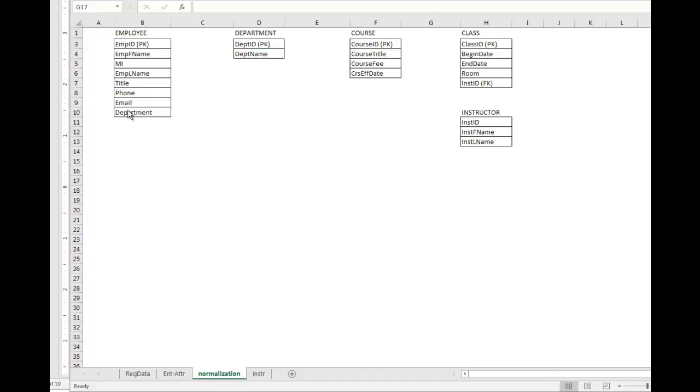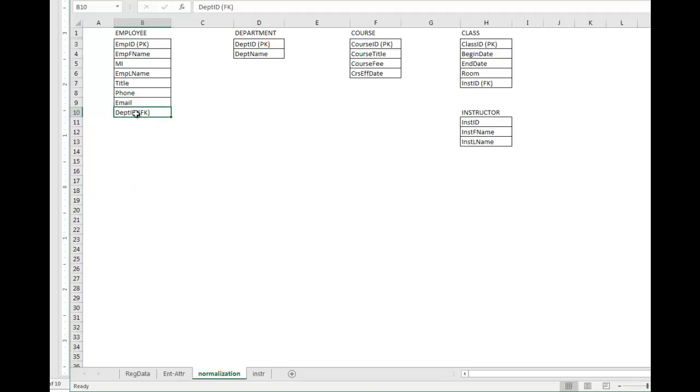We should also look at our employee table. Here we have departments, but you know that to connect two tables, we need to connect a primary key from one table and a foreign key in another table. So instead of department here, we really want to use the department ID as a foreign key in the employee table.